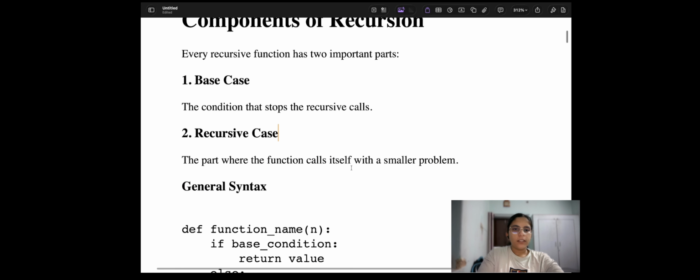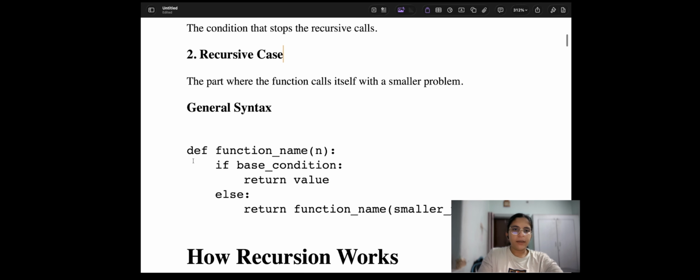General syntax: def, function name. What is def? Def is used to define the function.